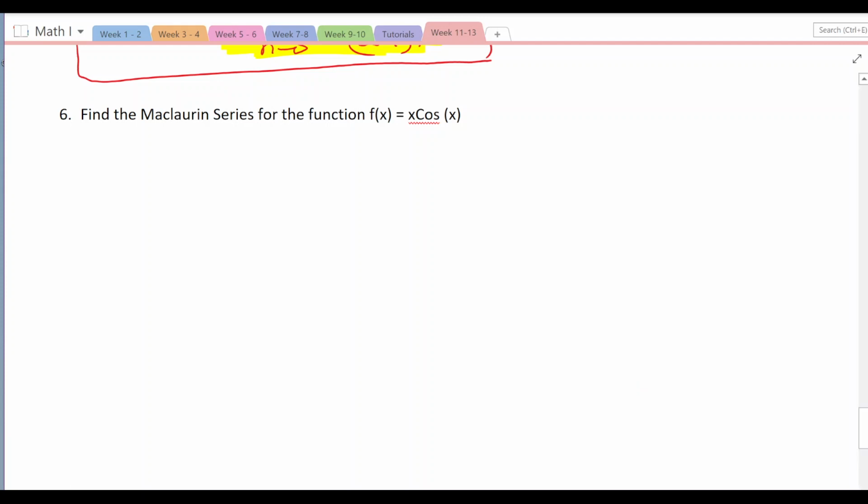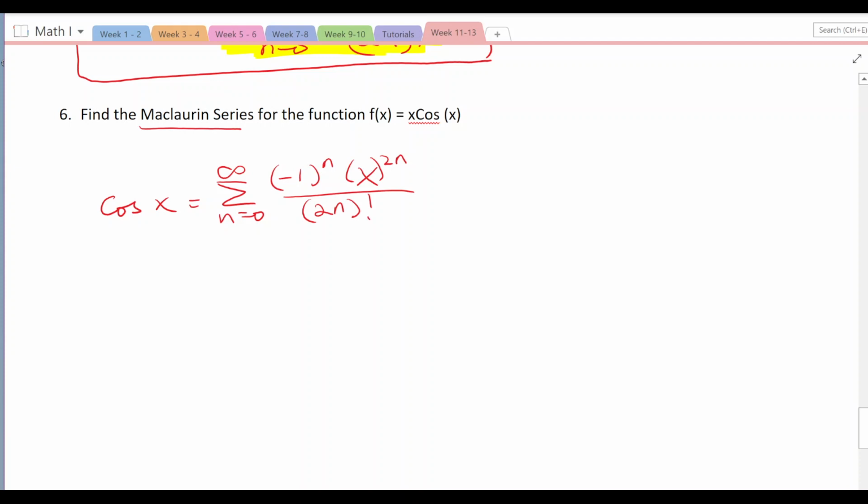The Maclaurin series of cos x is negative 1 to the power of n times x to the power of 2n over 2n factorial. That's cos x.